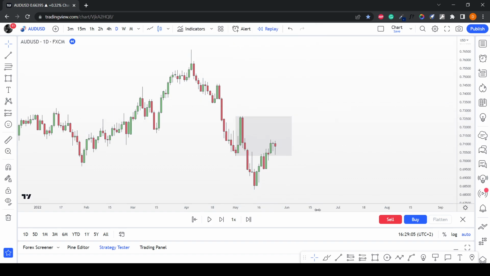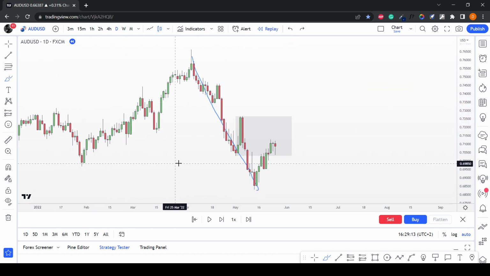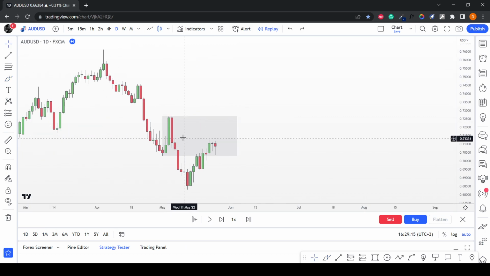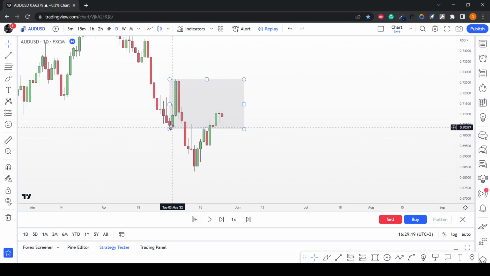For instance, we understand that this is the move and this is the whole up leg before this down leg, but does it make sense to use it? No. The nature of how the market moves allows us to use these pullbacks before the breaks as the zones. So the first step is using the whole pullback, okay?